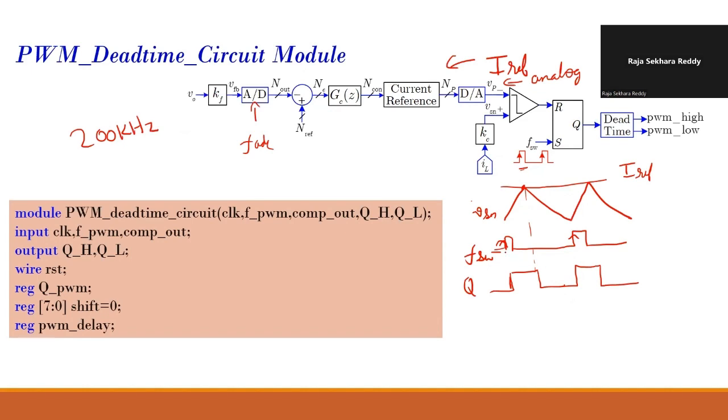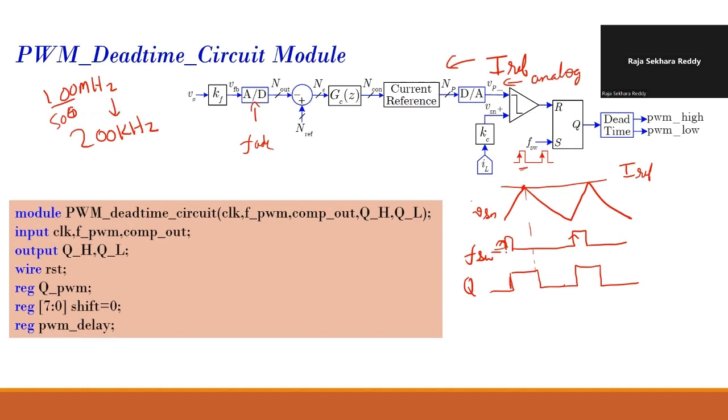We have a 100 megahertz clock. For the ADC, we divided it by 4, but for this FSW, we are dividing it by 500. That's why we are effectively getting a 200 kilohertz frequency.